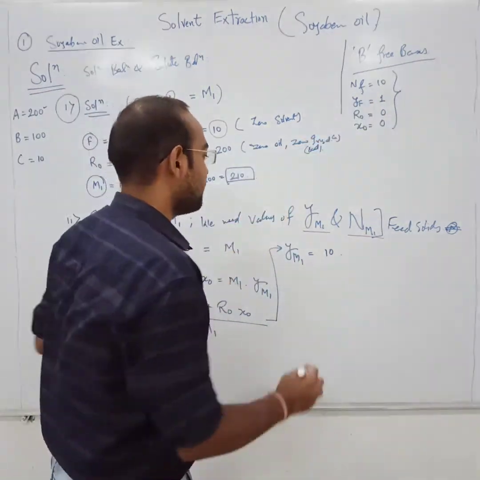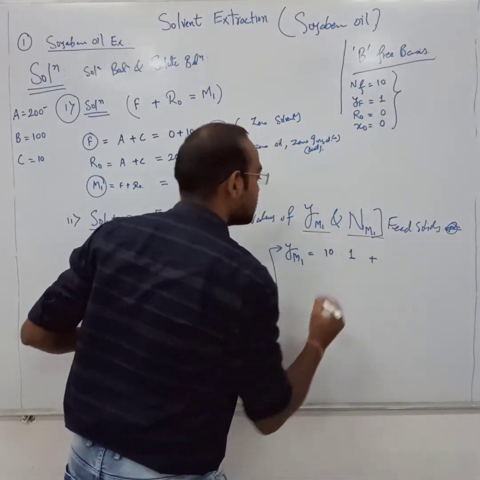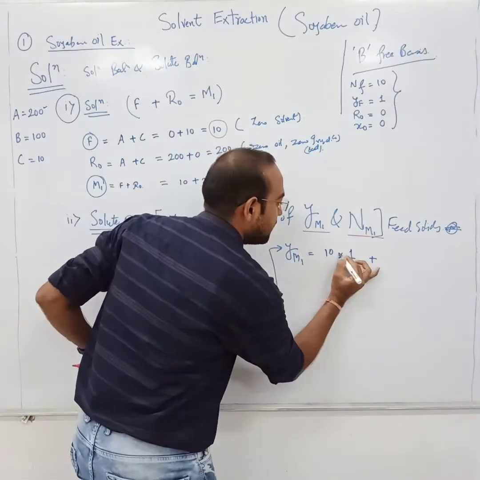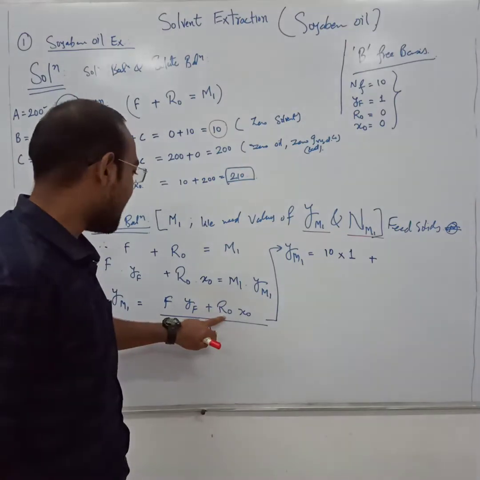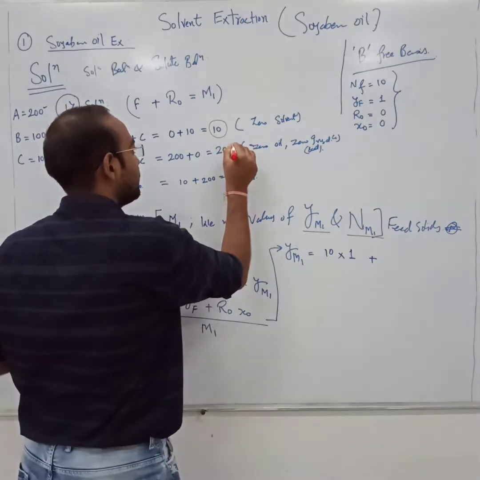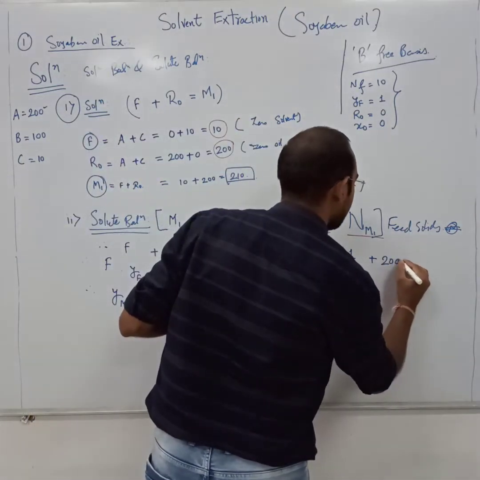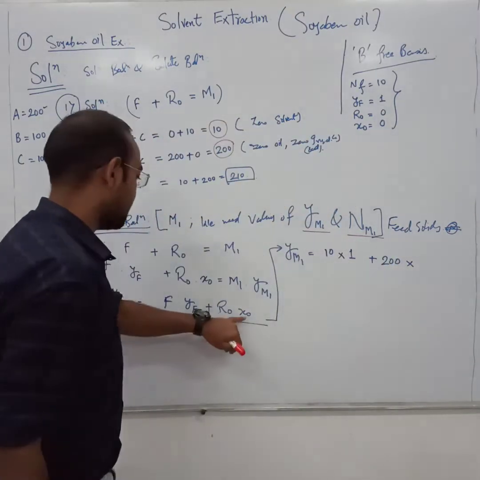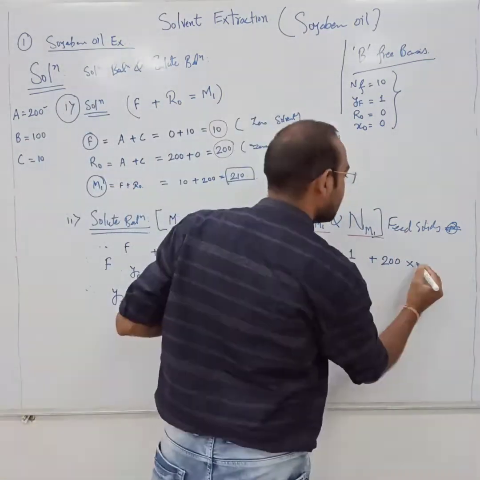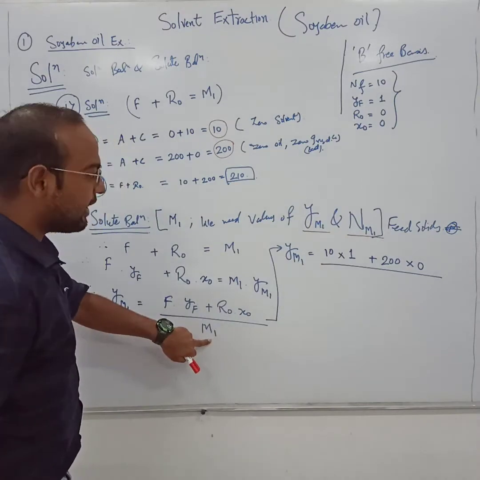YF is 1, which we get from feed solids, plus R0, R0 is again 200, into X0, X0 is 0, upon M1.